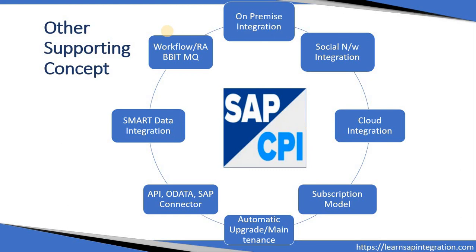These are parallel products. We cannot say that PO is in the cloud. It is a completely different approach altogether. Then we have seen the different adapter support in CPI. Then we have seen the complete difference between PO and CPI, and when we are going to use CPI and when we are going to use PO.